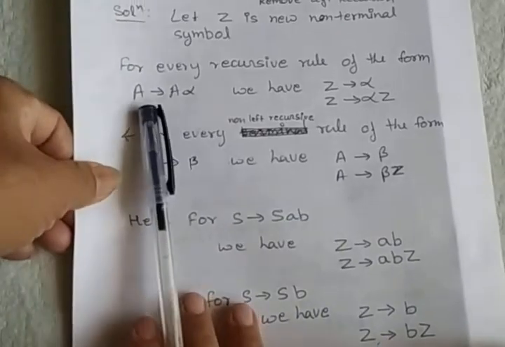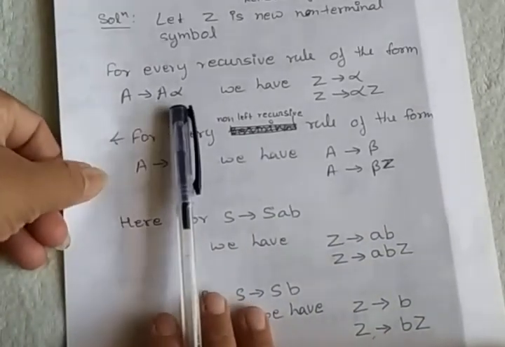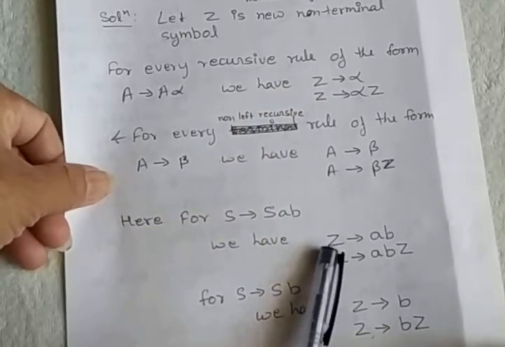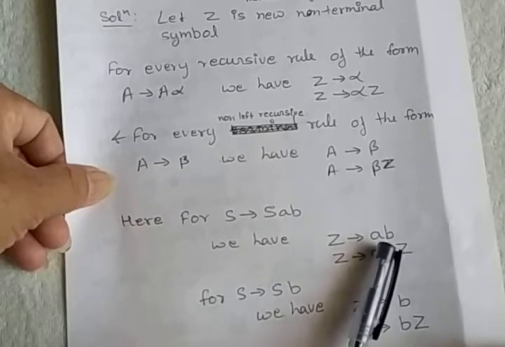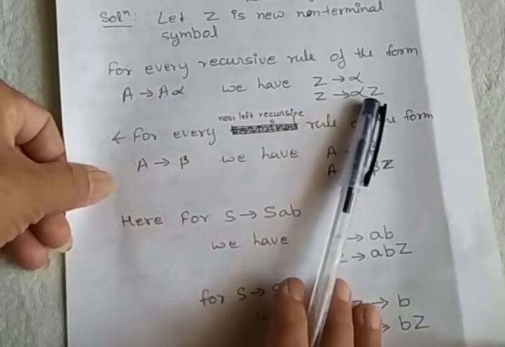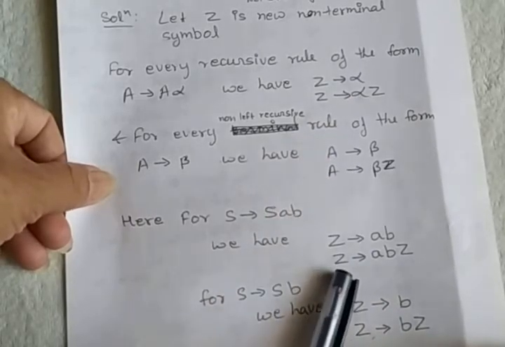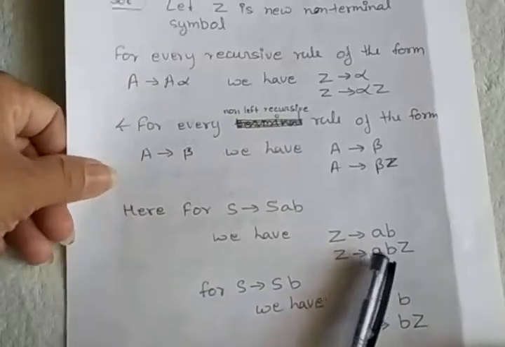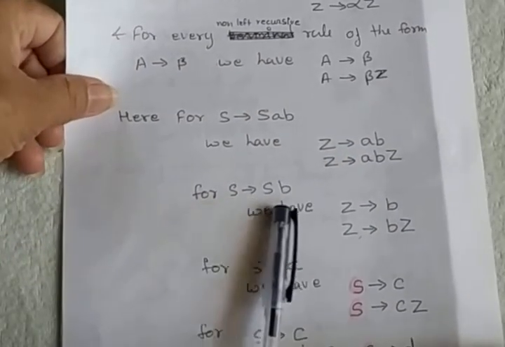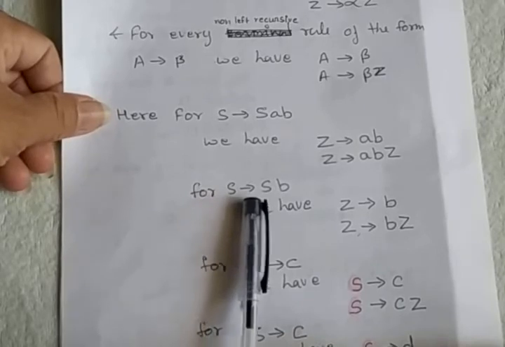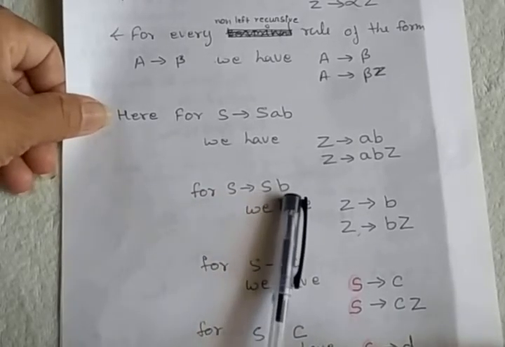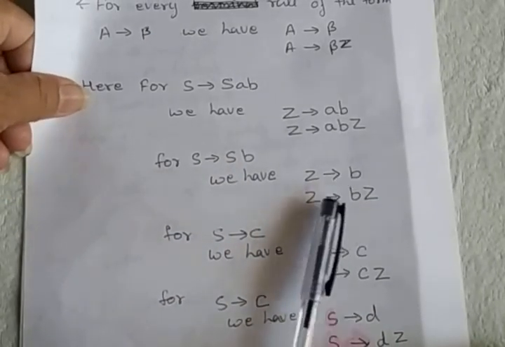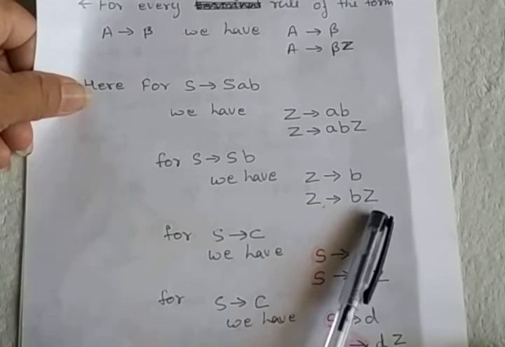So for A tends to A alpha, we convert it to Z tends to alpha. So here we will have Z tends to AB. The second rule is Z tends to alpha Z, so we will have Z tends to ABZ. Here AB is alpha. Similarly, this rule is also in the form A tends to A alpha, and here alpha is B. So we will have the rules Z tends to B and Z tends to BZ.